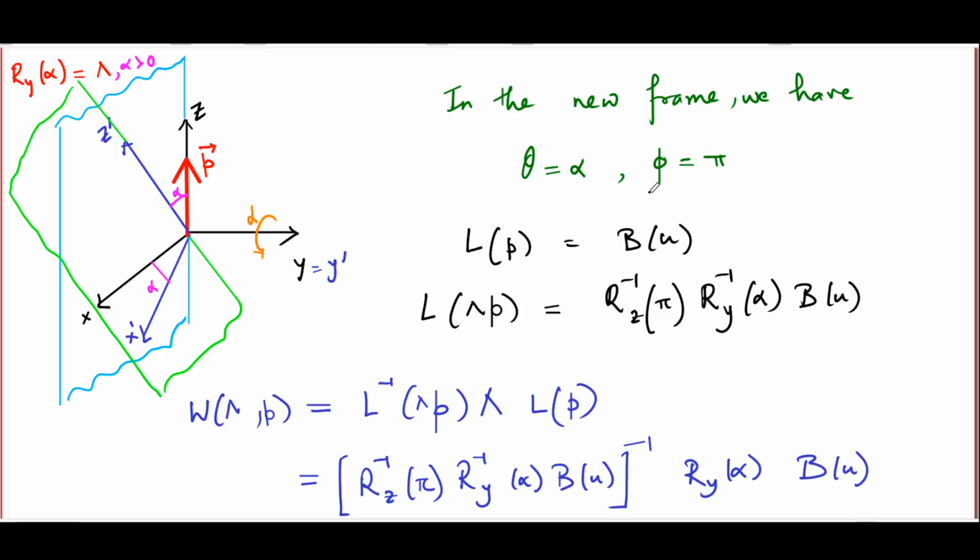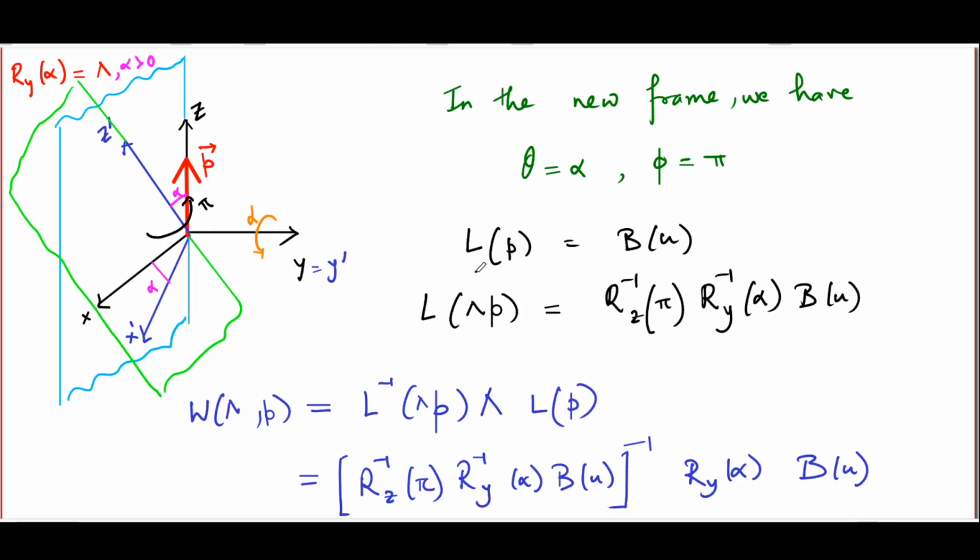However, the azimuthal angle phi is not 0, because in order to make this green half plane go through the vector p, you will have to rotate all the way through an angle of 180 degrees or pi. So phi is actually given by pi. So let us now use this information to try to calculate the little group element W of lambda comma p.